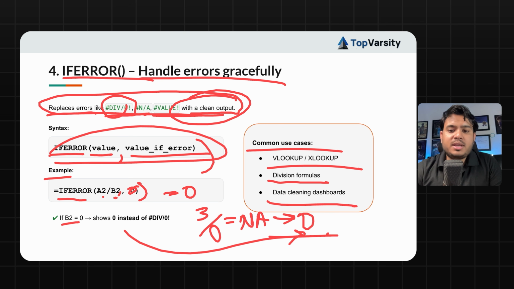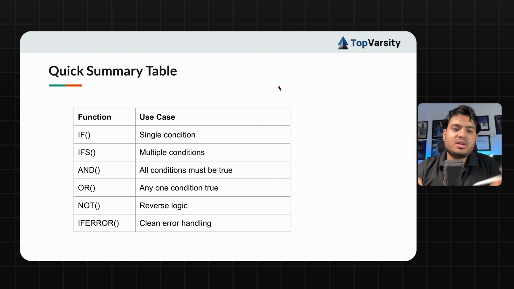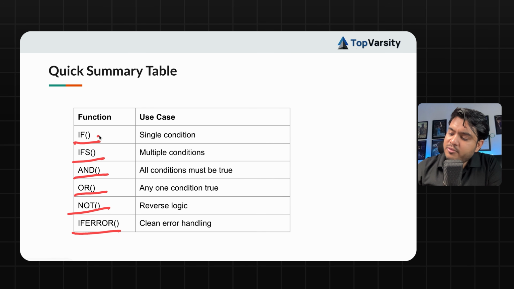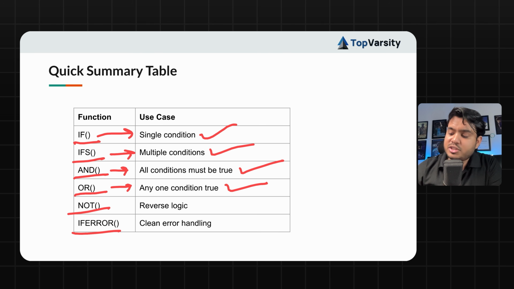And this will be the end of this lecture, where we have learned IF, IFS, AND, OR, NOT, IFERROR. IF we use for a single condition. If we have multiple conditions, we'll use IFS. AND we'll use to satisfy all the conditions, all conditions must be true. Then we'll use OR, where any one condition should be true. Then NOT reverses the logic.